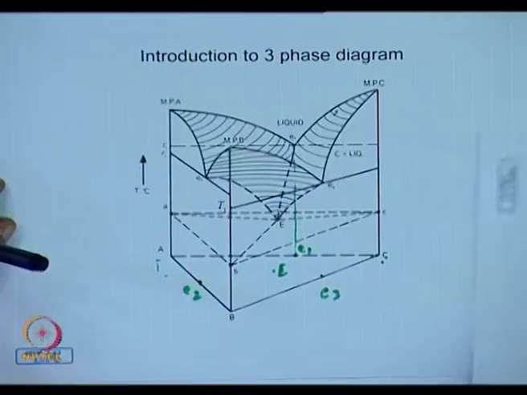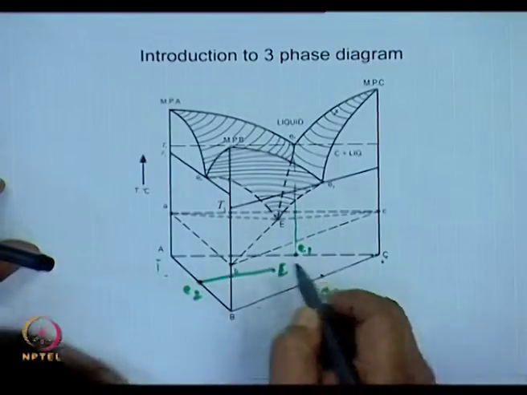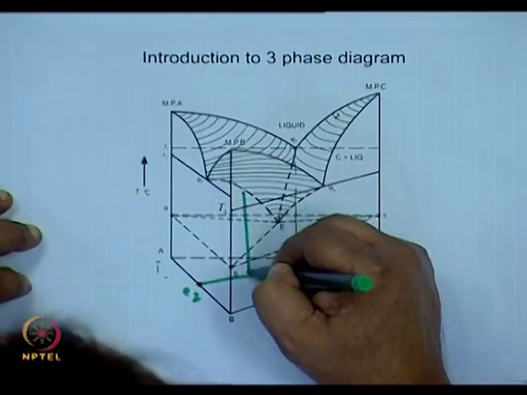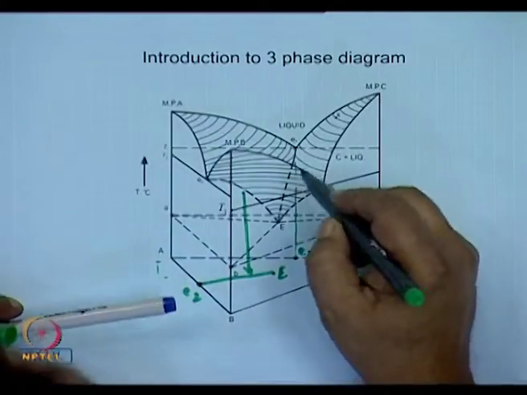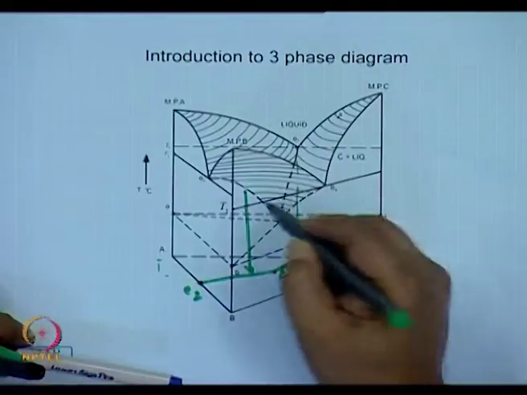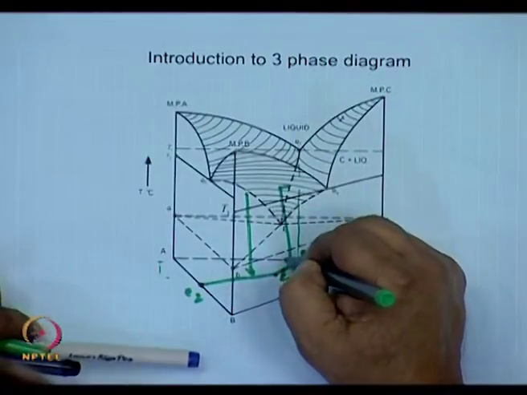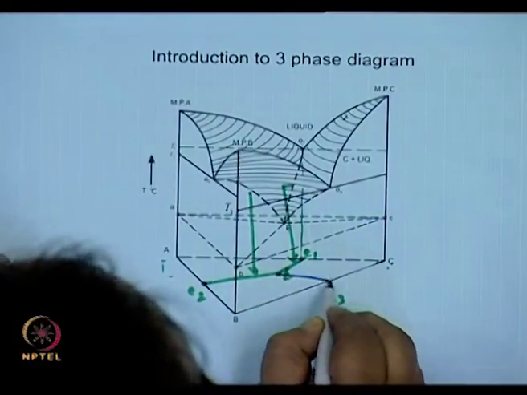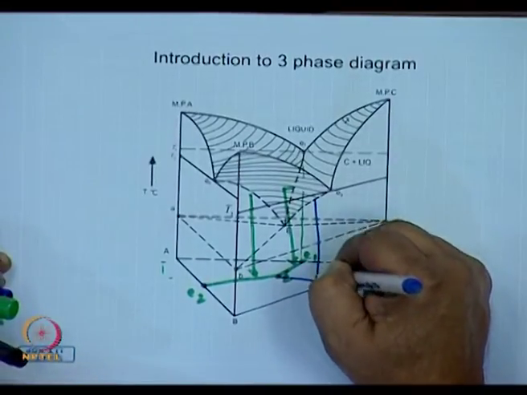If I make this diagram a bit more complex, what I will land up with is this line is the projection of this line. This line will be the projection of this particular line, while this line would be the projection of this particular line.